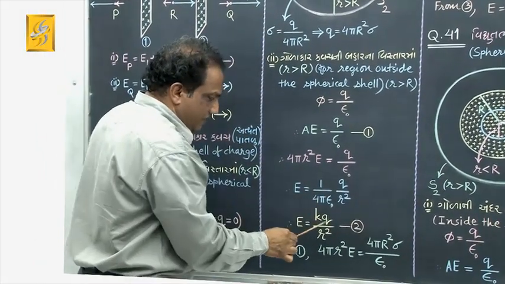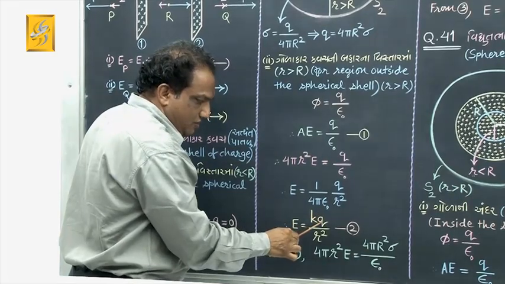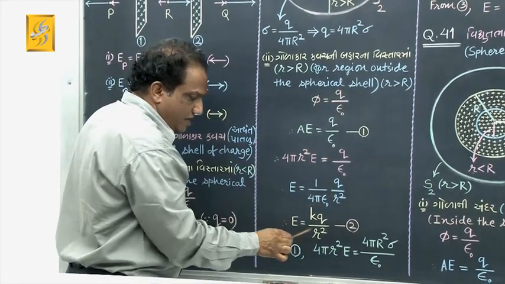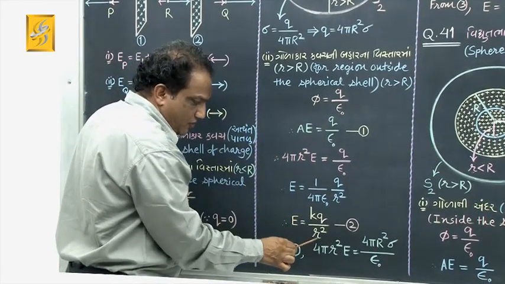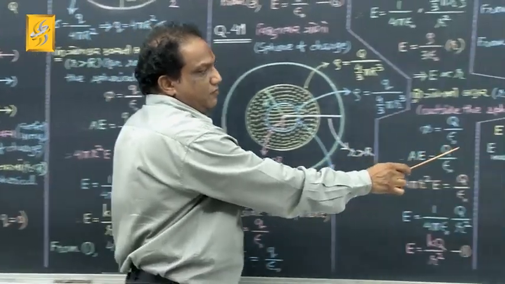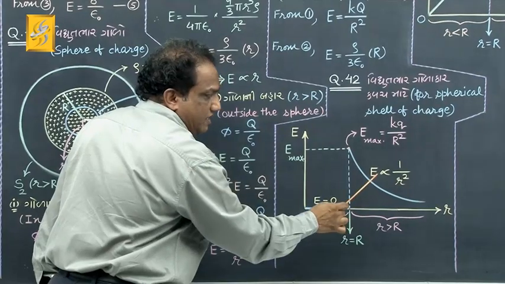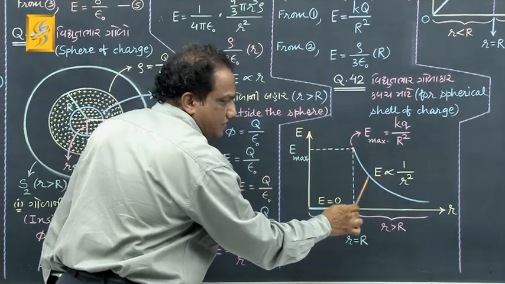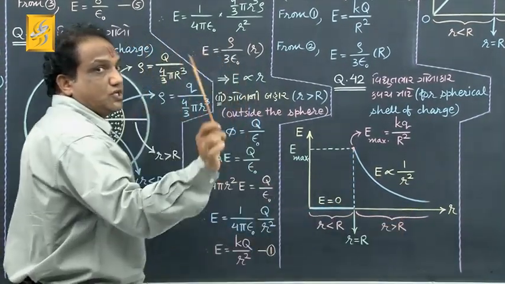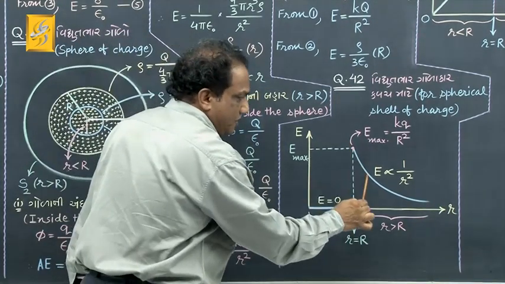At that time, when kq is constant, the relation between E and r would be E varies as 1 upon r square. It means when distance r will increase, electric field will decrease according to this hyperbola. So you are supposed to plot here a hyperbola, correct?